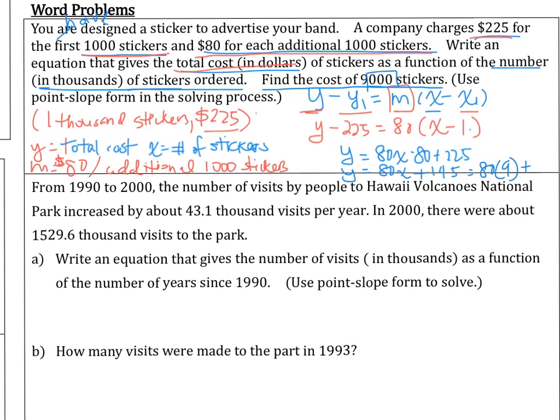Plus 145, and after multiplying 80 by 9, which is 720, and adding that to 145 gives you $865. So I'm going to write the final answer here. This will be for 9,000 stickers. So again, the equation will be y equals 80x plus 145 and 865 for 9,000 stickers.